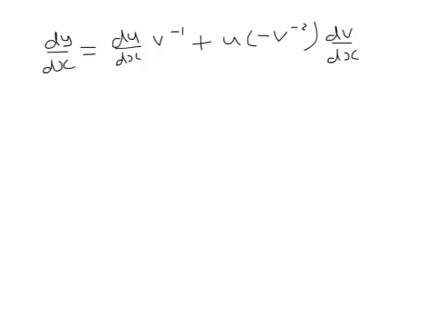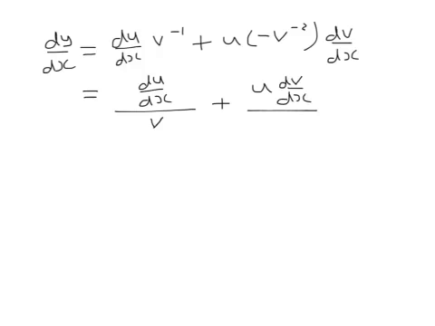So this is where we were, so let's write that as du by dx all over v, because that's what v to the minus 1 means, plus u dv by dx, and it's v to the minus 2, so that's v squared, but that now becomes a minus.